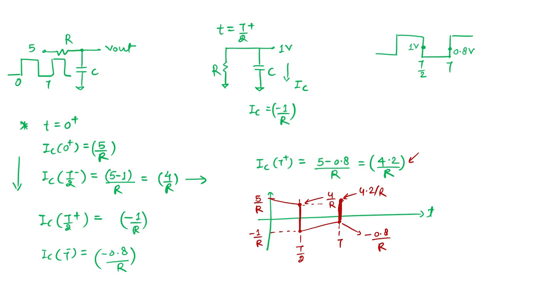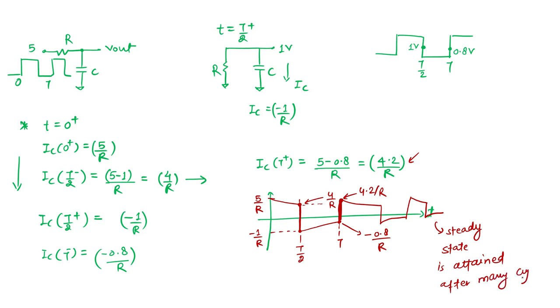It will reach some lesser value again, and from here it will go negative, and slowly it will attain the steady state after many cycles, because my time constant is much higher.